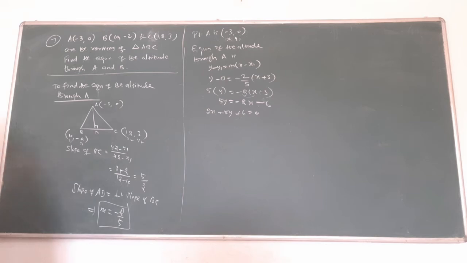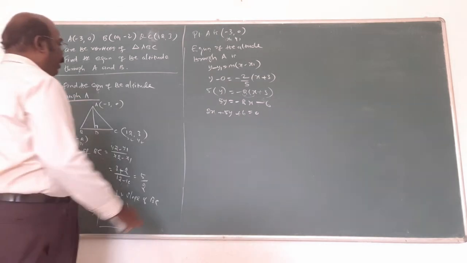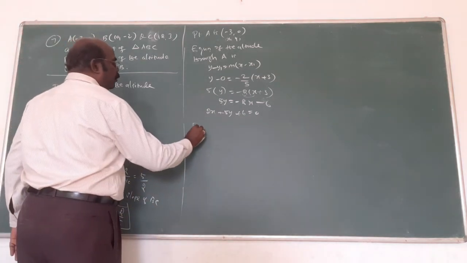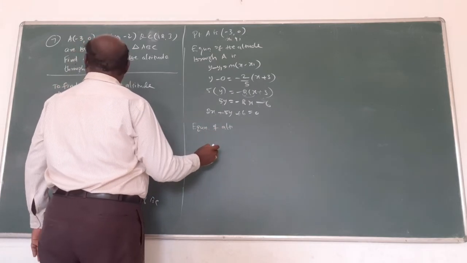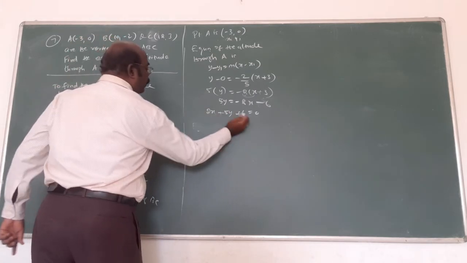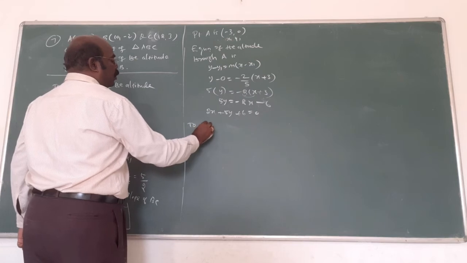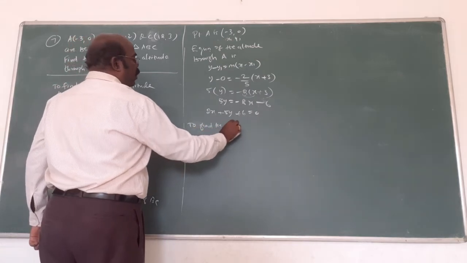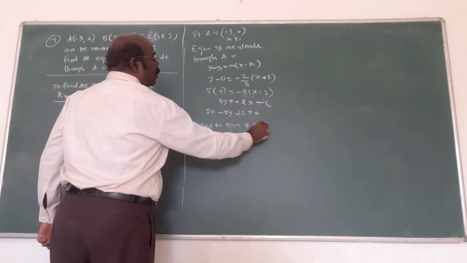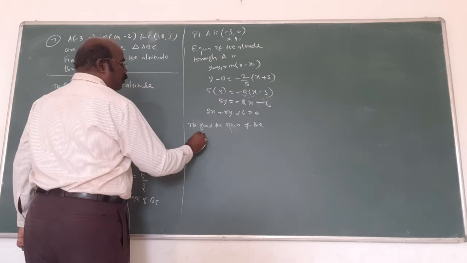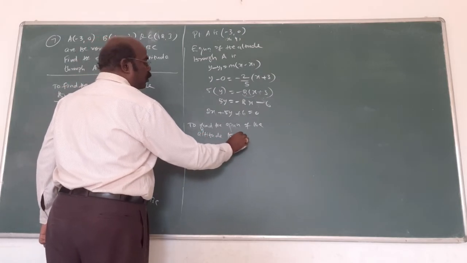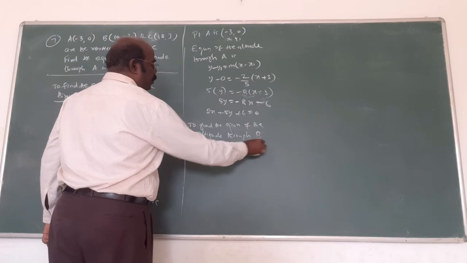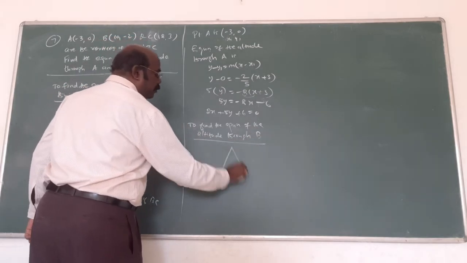Next one is what? Find the equation of the altitude through B. You get the order?